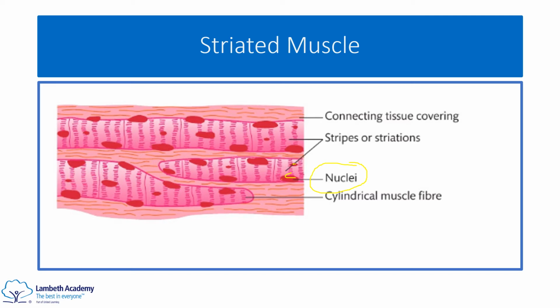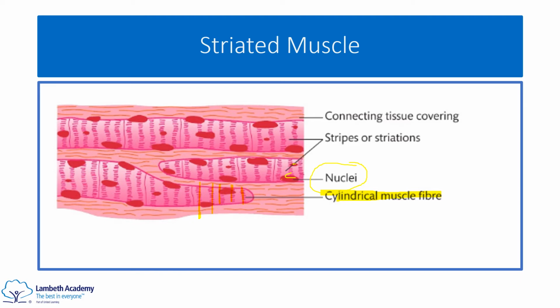Within that, we can see that we've got lots of cylindrical muscle fibres. By that, I mean these muscle fibres that are going in stripes in this direction, I've just highlighted them. So we can see that we've got lots and lots of those stripes.